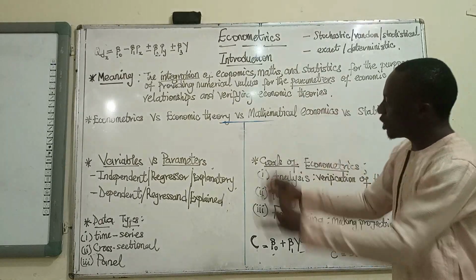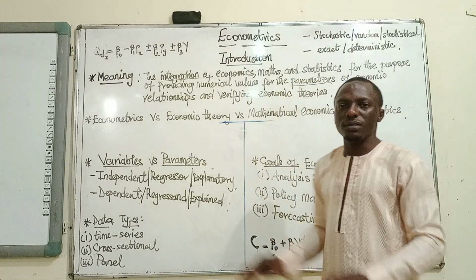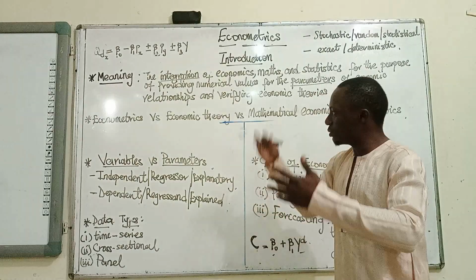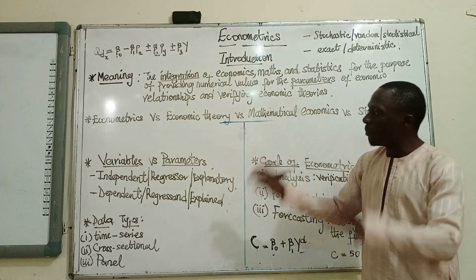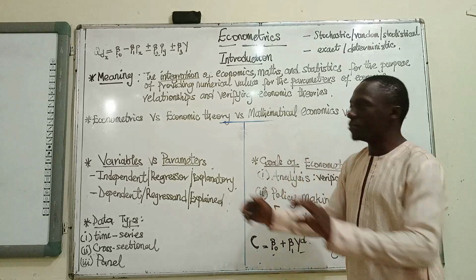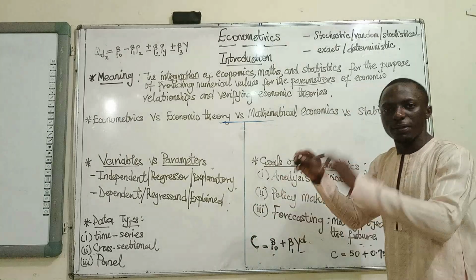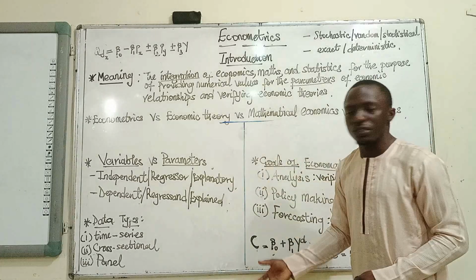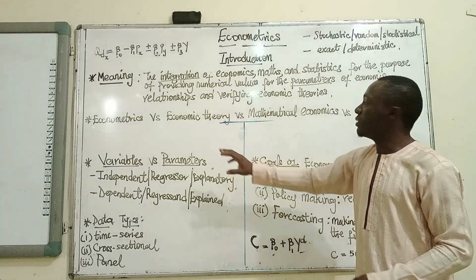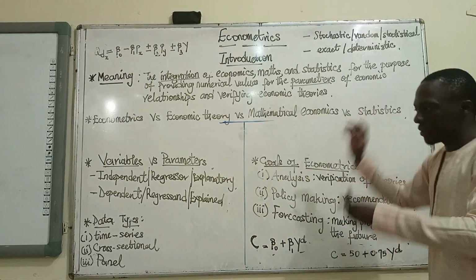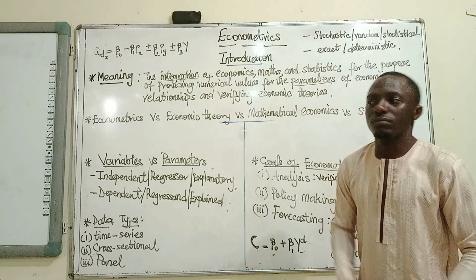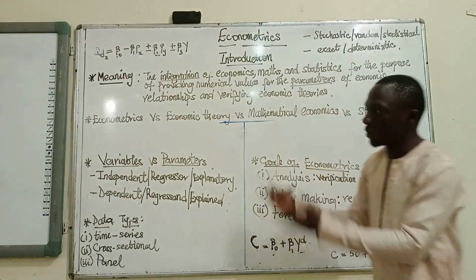Economic theory simply refers to the verbal representation of economic concepts. Mathematical economics simply refers to the mathematical representation of what economic theory gives. And statistics simply involves the use of data to ascertain results.